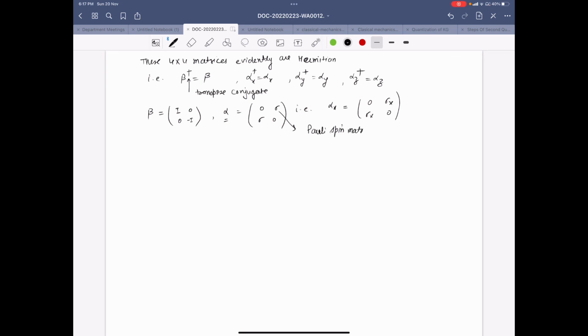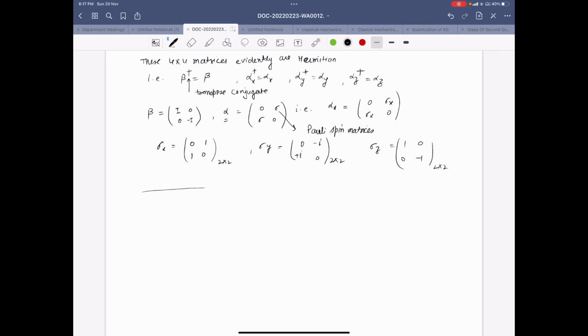Sigma x in the spin matrices is 0 1 1 0, that is your 2 by 2. Sigma y is 0 minus iota, iota 0, and similarly sigma z is 1 0 0 minus 1.